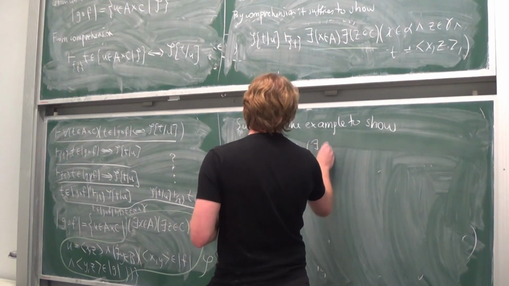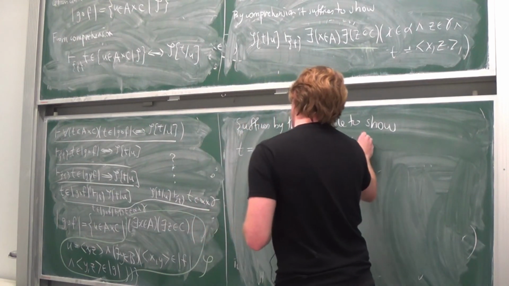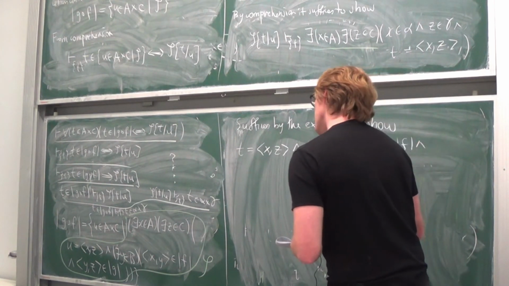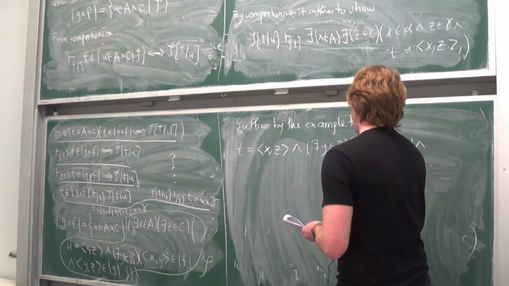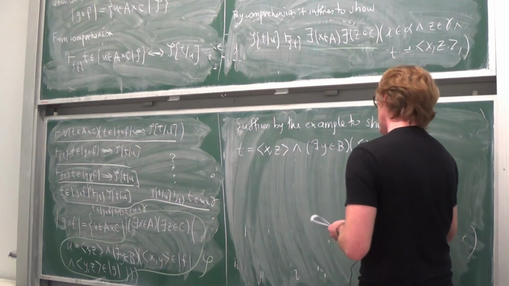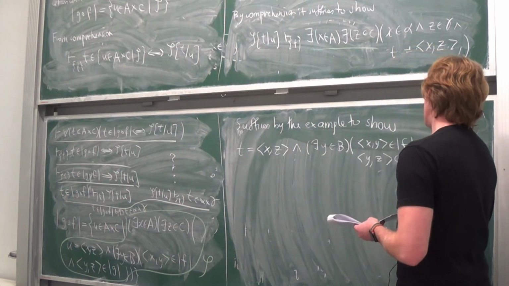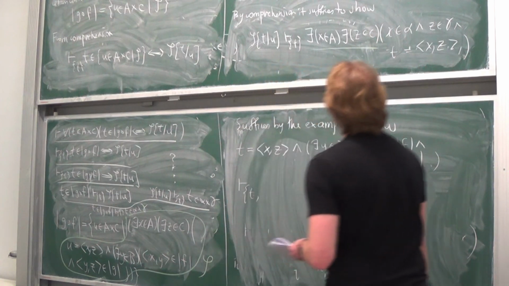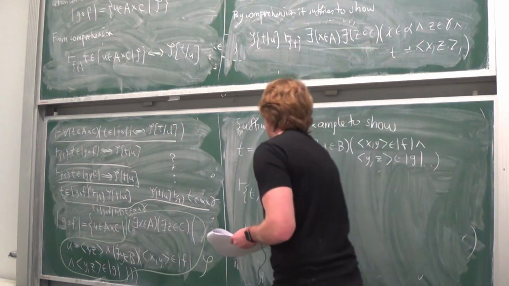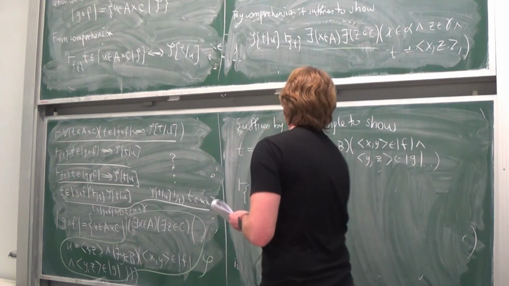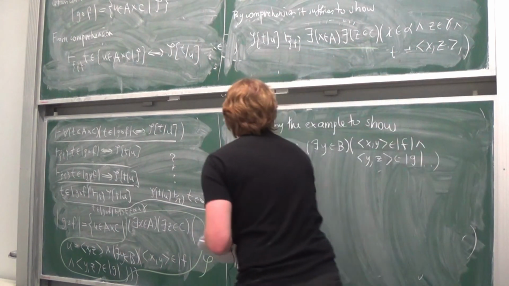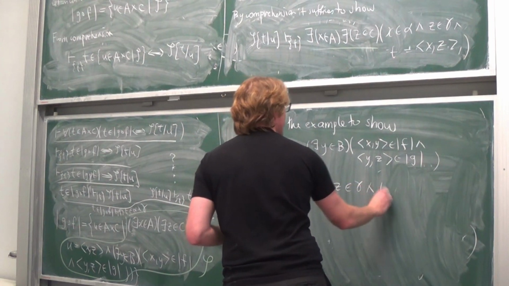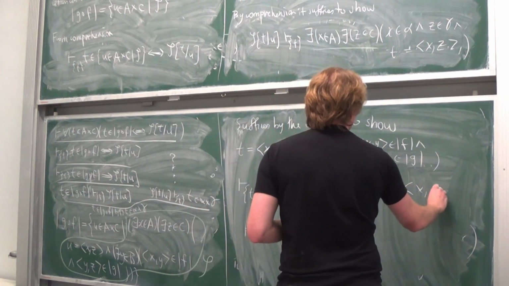namely that this business starting with the u, which became a t, and exists y and b such that x, y in f and y, z in g, entails, in context, where the context is enlarged to include the x and z, this stuff: x in alpha, z in gamma, t equals x, z.